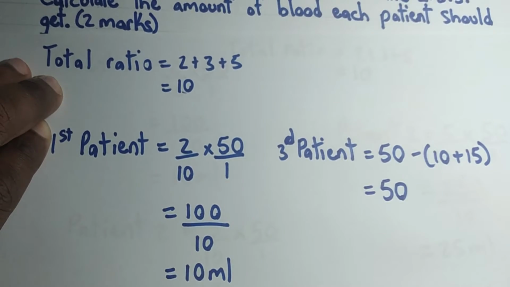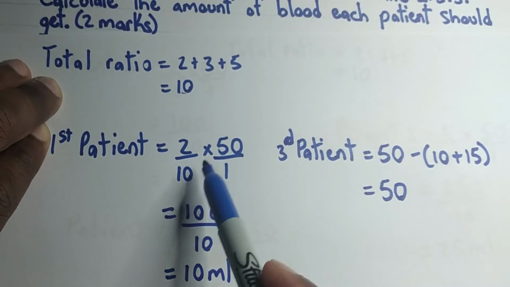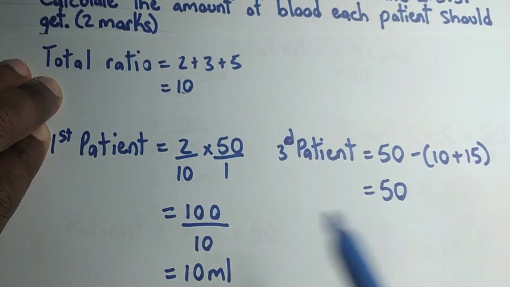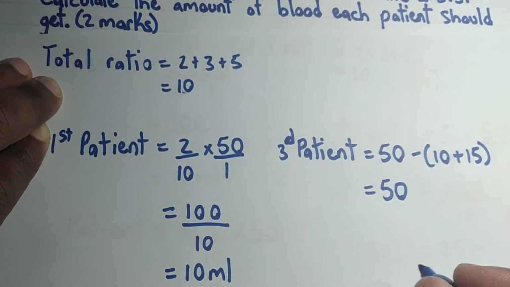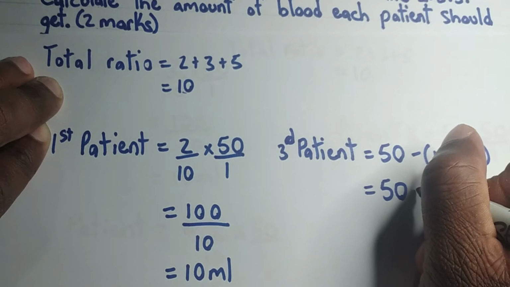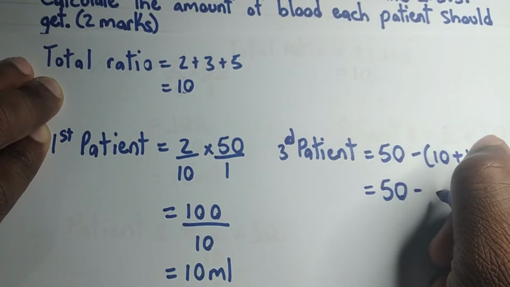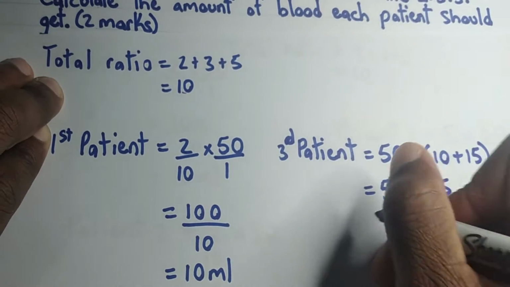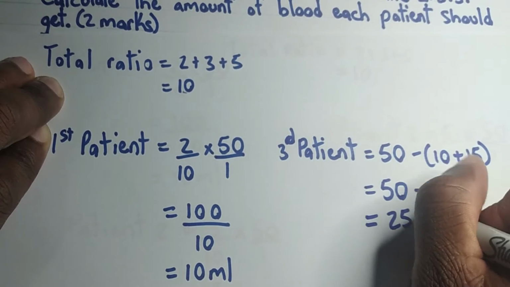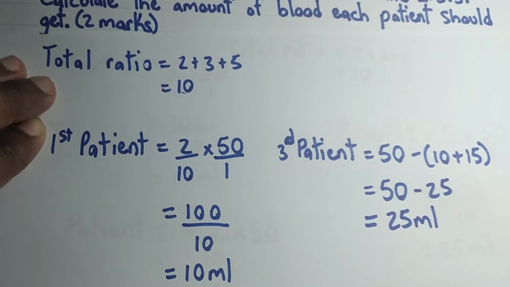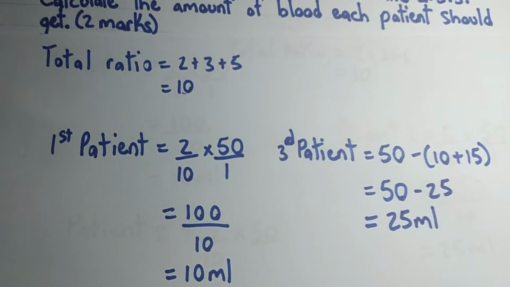You can continue just like the others and use 5 over 10 times 50 over 1 and continue the steps just like we did the previous two. So this is 50 minus 10 plus 15, that's 25. 50 minus 25, that's 25 milliliters. And that is pretty much how we would obtain the solutions for question 1.